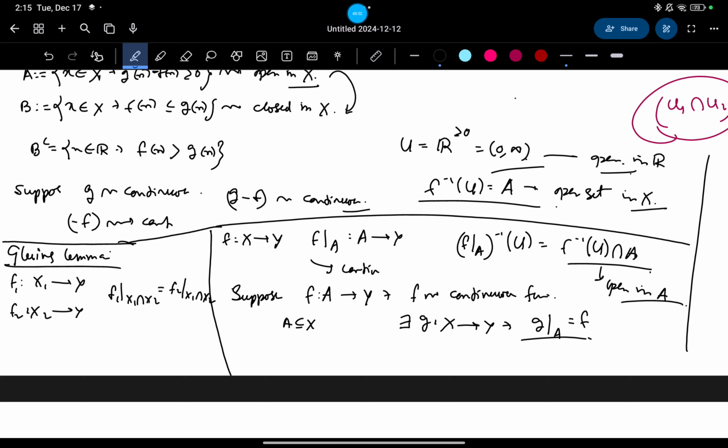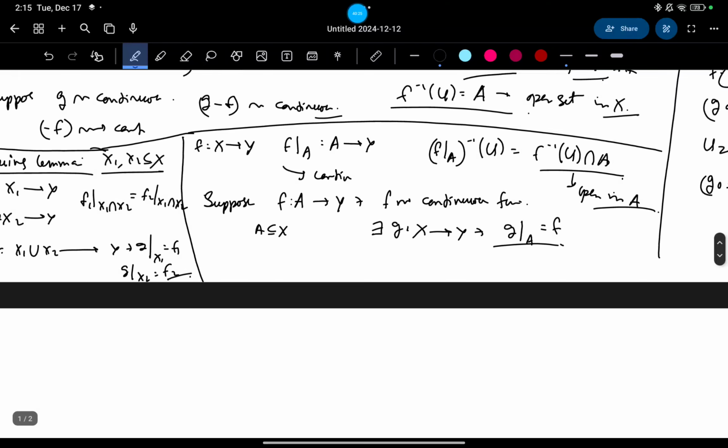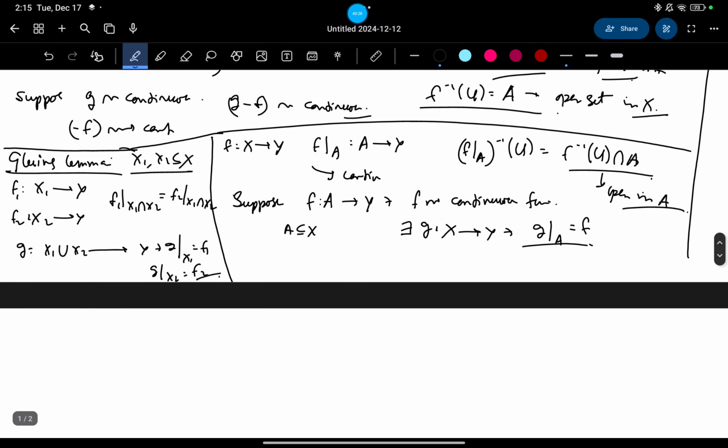Then we can define a function g from X1 union X2 to Y, where X1 and X2 are both subsets of X, such that g restricted to X1 equals f1 and g restricted to X2 equals f2. Okay, so this is the gluing lemma, and it is very easy.